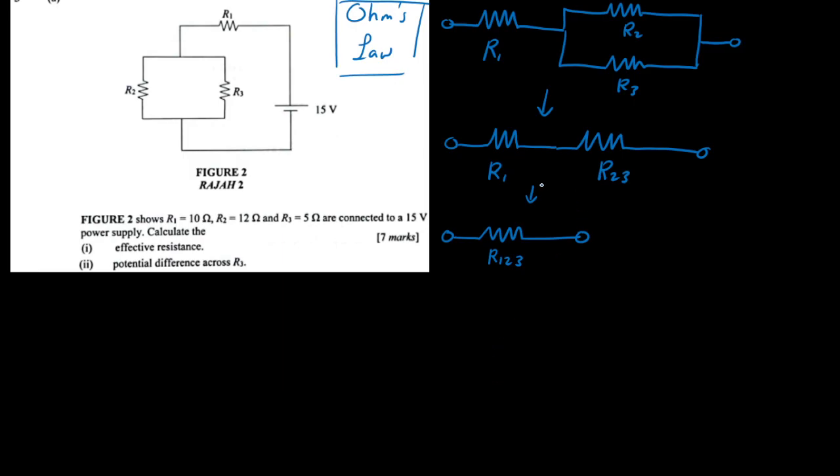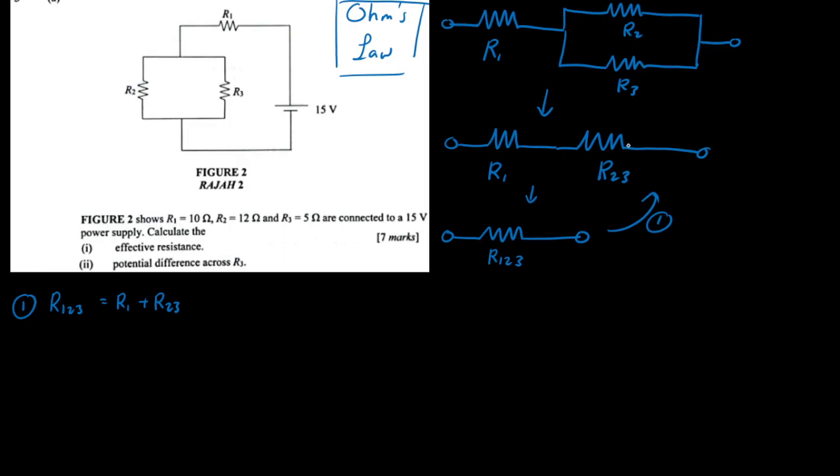Okay, now if you move backwards, you can see that on the first instance, going from here to here, let's call that step 1. In step 1, you can write down that R123 is simply R1 plus R23, because they're in series, right?